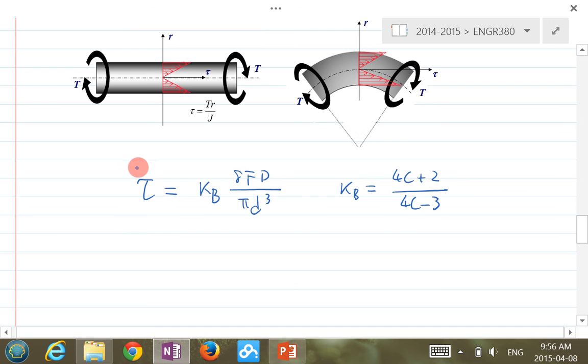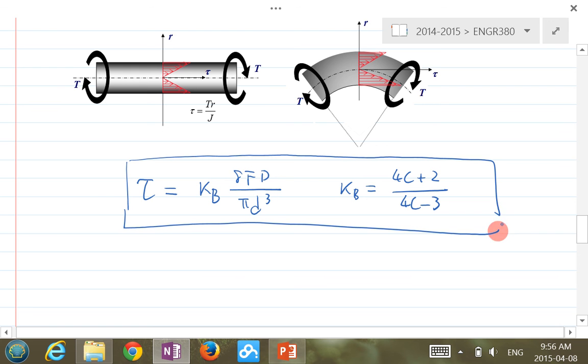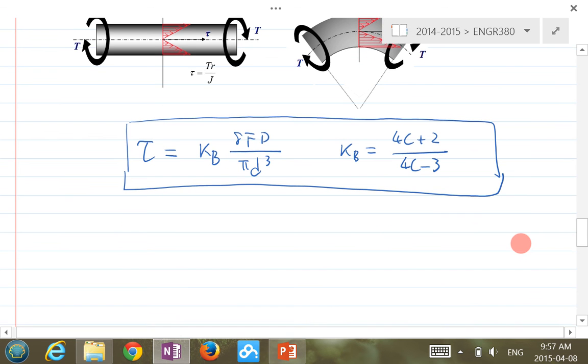So we will actually use this one for calculating the stress in the spring material. This one predicts the largest shear stress at the inside curvature here. Okay, so that's the stress now.